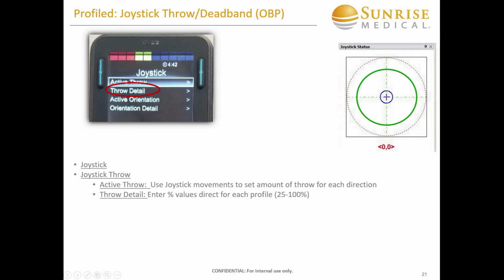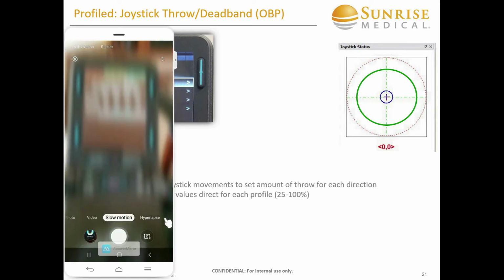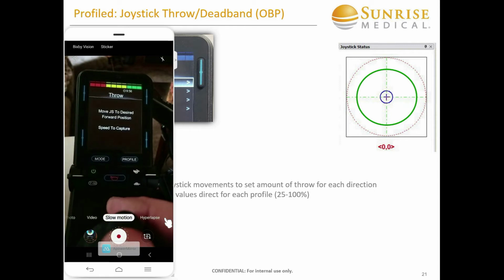I'm trying to get my camera to work here. Okay, if I go under active throw, again I can set this for my profile. It says it wants me to move the joystick into the desired forward position, and then I'm going to hit the speed button to capture it.